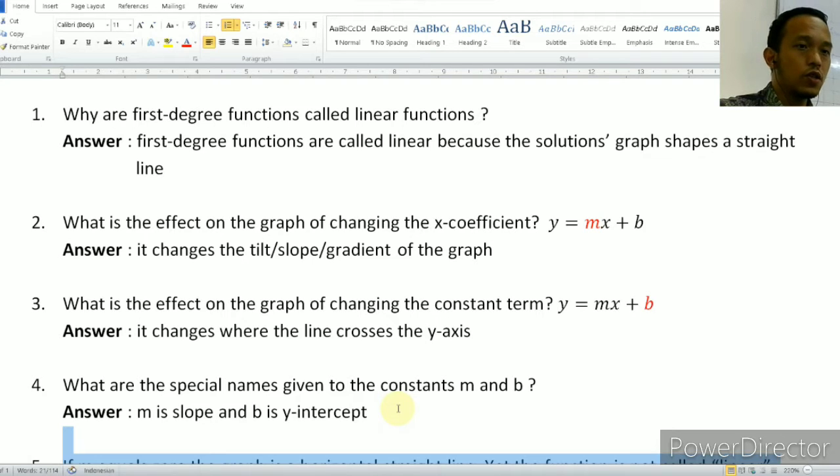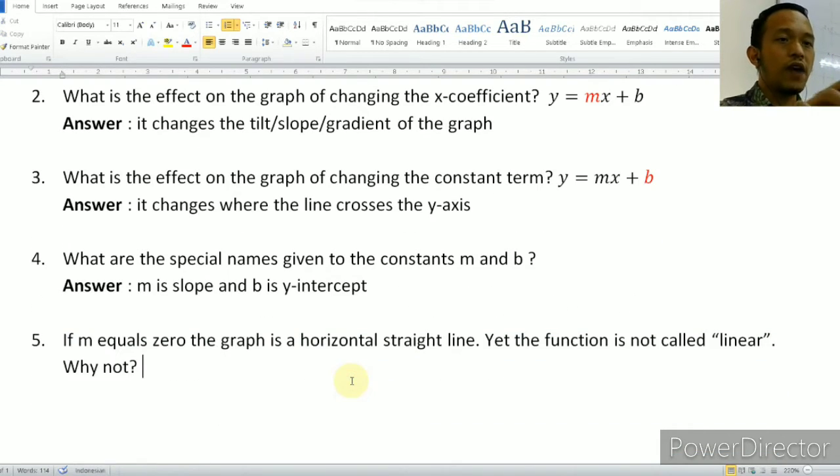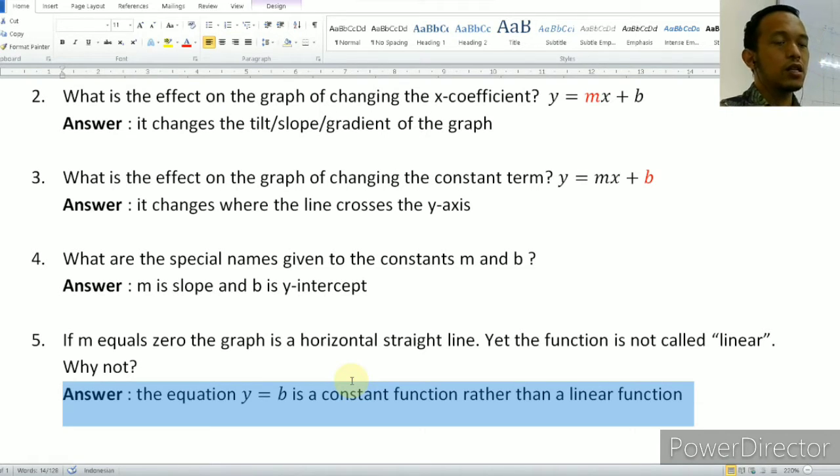If m equals 0, the graph is a horizontal straight line, yet the function is not called linear. Why not? Since the equation y equals b is a constant function rather than a linear function. Yes, because we have no degree on the right member.